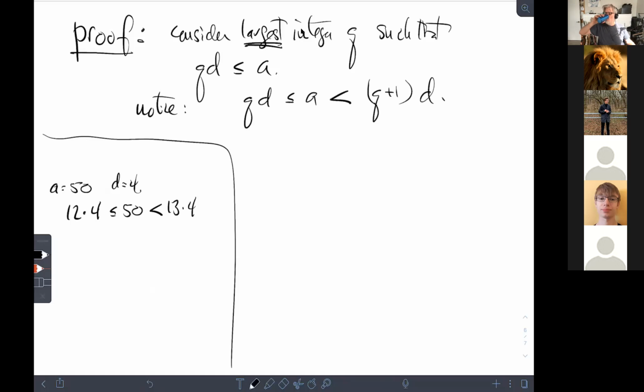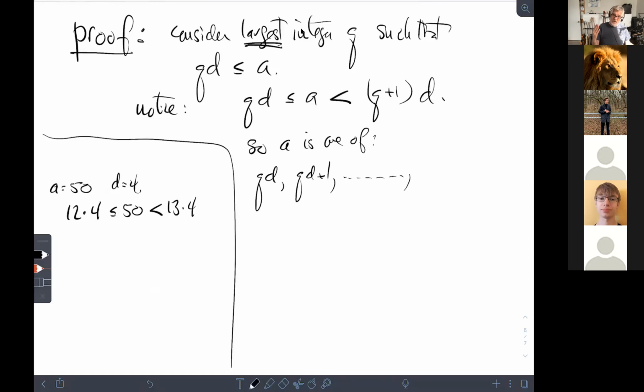All right. So what can I say? So now A has to be greater or equal to QD, but strictly less than Q plus 1 times D. So it means it must be here. So maybe it's QD, maybe it's QD plus 1, maybe it's QD plus 2, and so on.